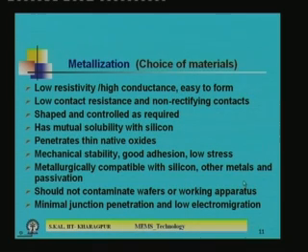Now, next step is the metallization. So, metallization requires, after completion of fabrication of the individual devices, that means if you fabricate some resistances, or some transistors or diodes, then at the end you need interconnection of these components or devices.